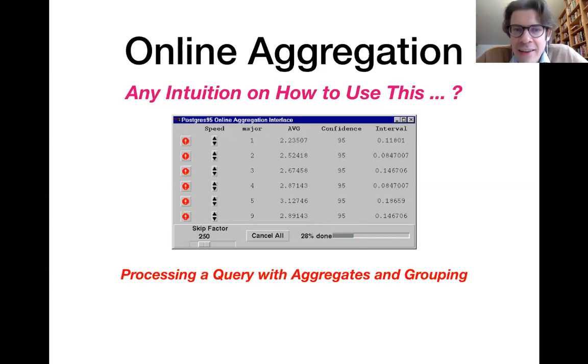So we're calculating averages for groups of rows. Does anyone have any propositions? We'll have a speed column. Is the major column.